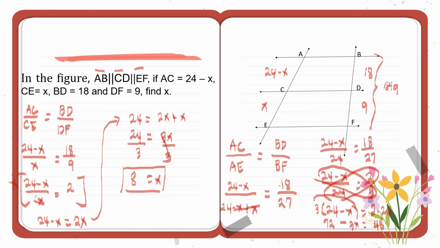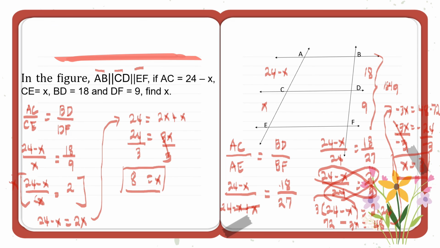Now combining similar terms, we get negative 3X equals 48 minus 72, which is negative 24. Dividing both sides by negative 3, negative 24 divided by negative 3 is positive 8.